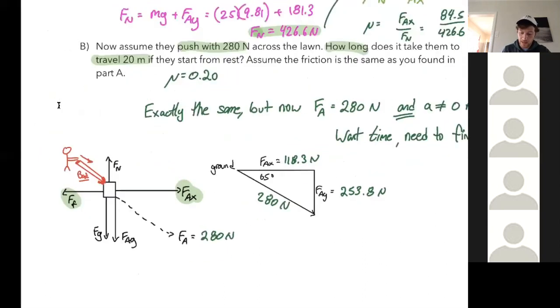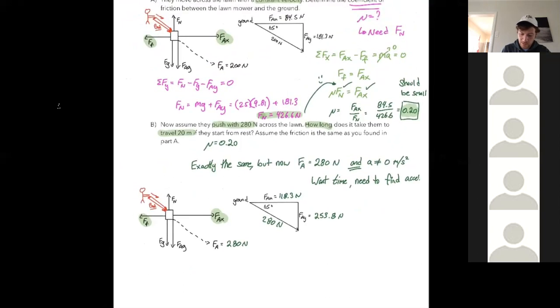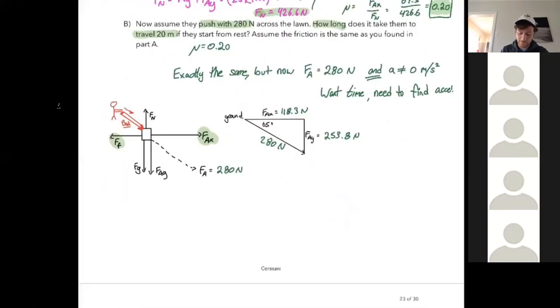So comparing to part A, here 84 to 181, 118 to 253. It went up a little bit because our force went up a little bit. That makes perfect sense, okay?